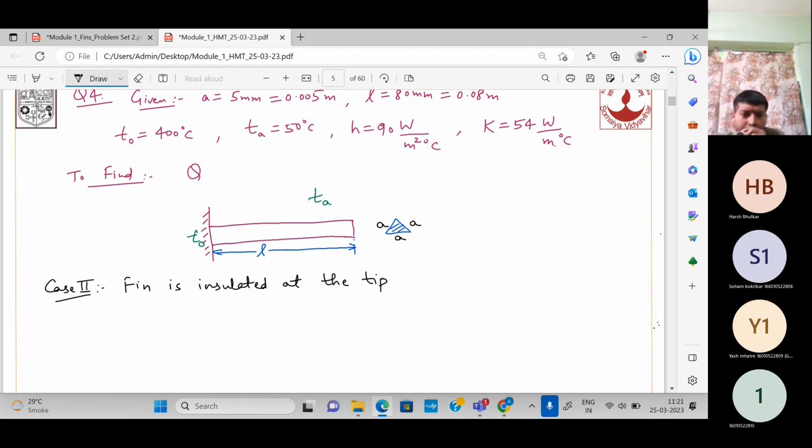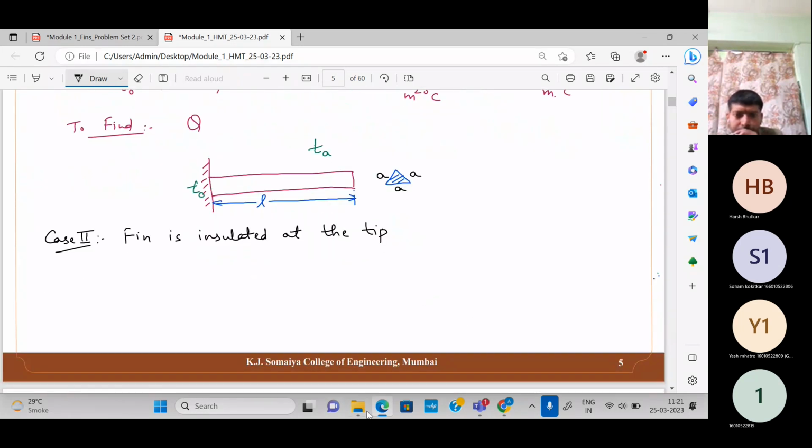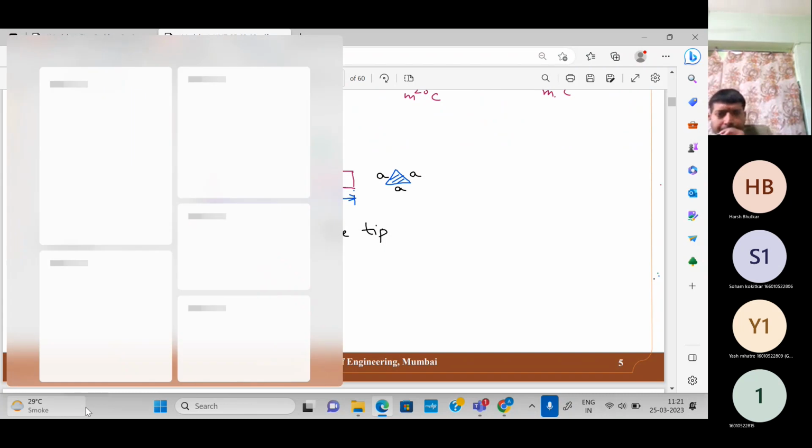What is the formula for calculating heat dissipation? Very simple.